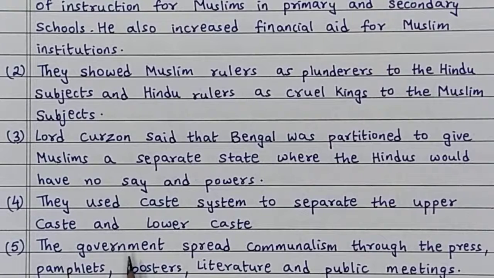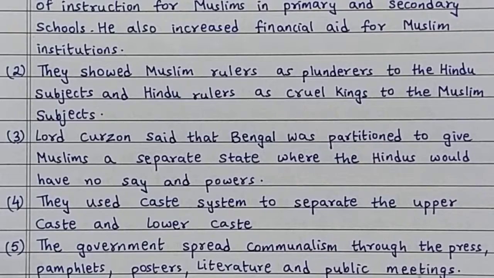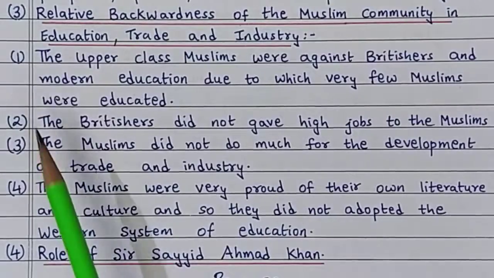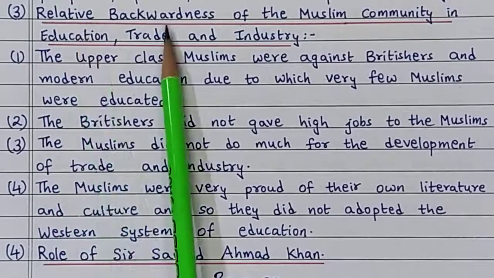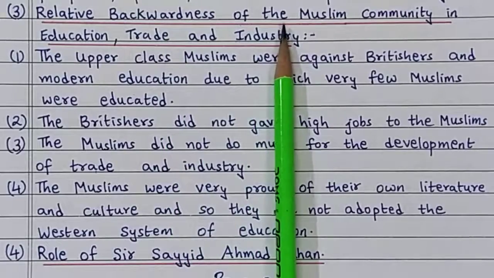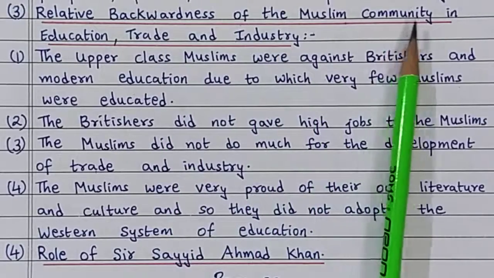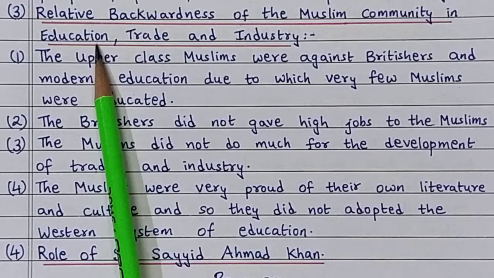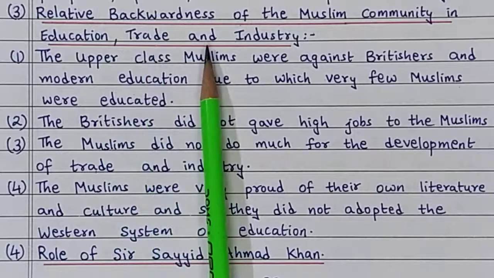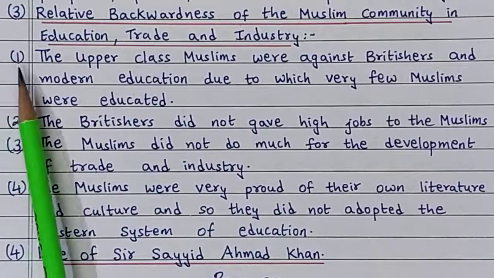Fifth, the government spread communalism through the press, pamphlets, posters, literature, and public meetings. Third, relative backwardness of the Muslim community in education, trade, and industry.